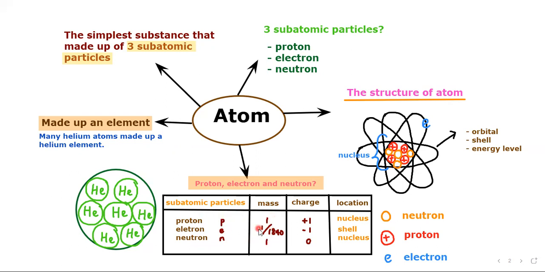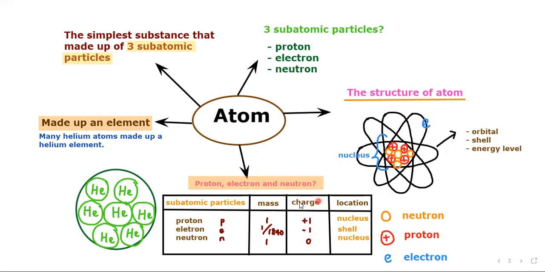And the electron is 1 over 1,840, or you can also see 1 over 1,836. So electrons are the lightest subatomic particles among the protons and neutrons. That's why they can move around freely in the orbital.